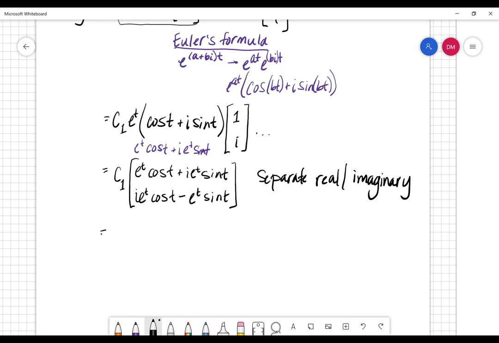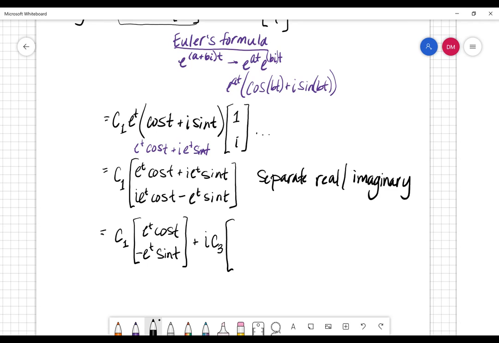So when I go to separate out my real and my imaginary, I'm going to take c sub 1 times the real portion of this, which from the first element would be e to the t cosine t, and from the second element would be negative e to the t sine t. And because we don't want to reuse c sub 2, I'm going to say I have i times c sub 3, and I'm going to pull out the imaginary parts of these elements.